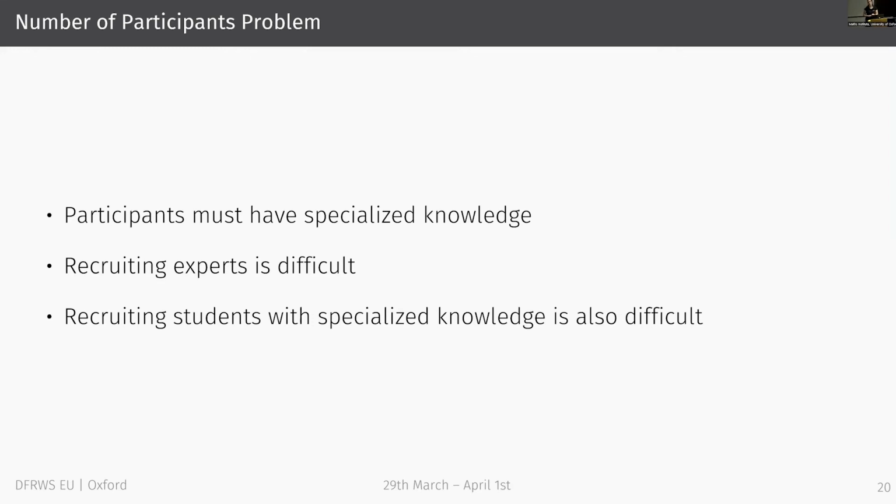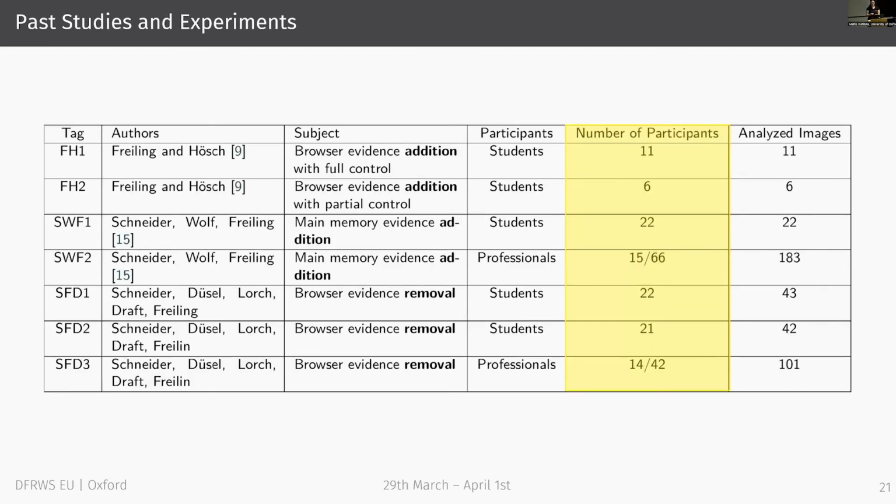So usually we try to recruit students from our forensic classes for the experiments, but as I said, the classes are usually pretty small. We have more students attending the classes and participating in the experiments in the last two studies. But the number is comparably small, so we tried to integrate the rodeo, but as you saw, the evaluation of the data and the comparison is not that easy.